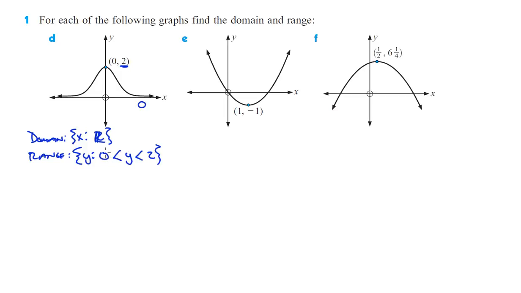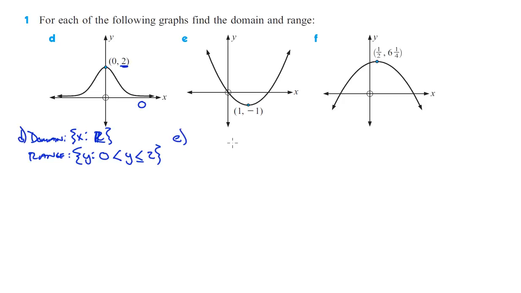So again, if you start with the lowest y value, go to the highest y value, go left to right, it makes it pretty straightforward and easy. So y has got to be greater than 0, can't equal 0 because it won't ever hit that. And then y has to be less than, but it can actually equal 2 because right there it actually hits 2, so y is less than or equal to 2. Okay, so that was D.